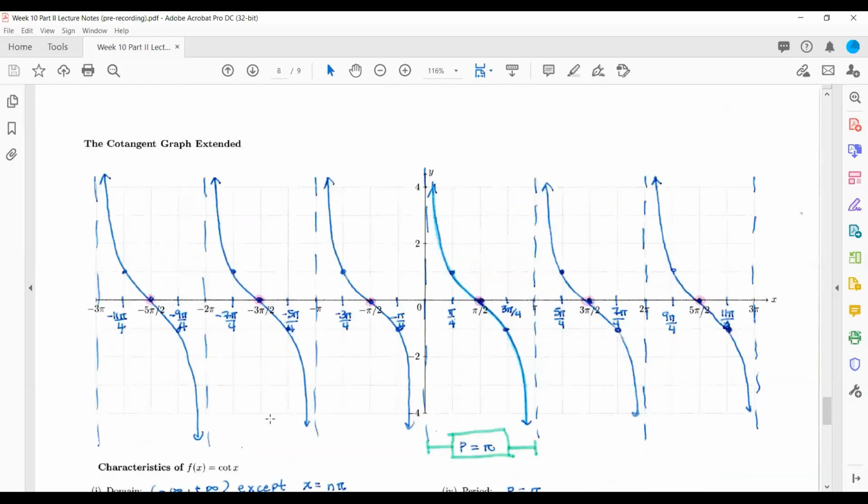If we were to zoom out of that window, we would see a repetition of that same curve between pi and 2 pi, between 2 pi and 3 pi, and similarly in the negative x direction. And so that's the original cotangent graph without any modifications done to it.